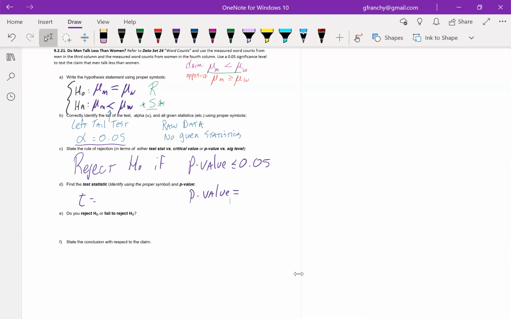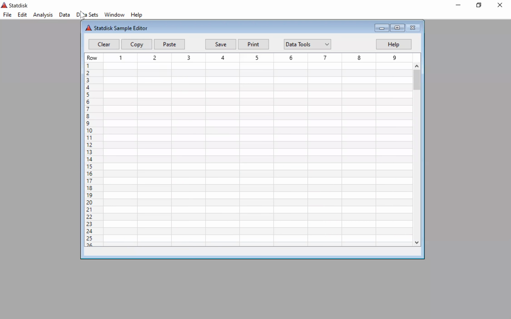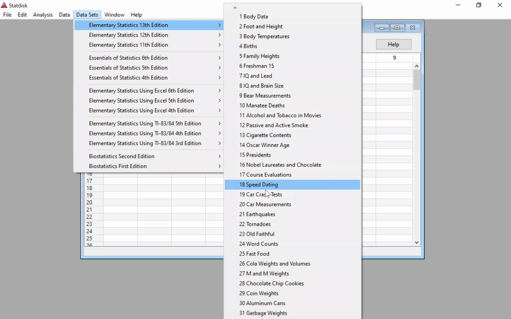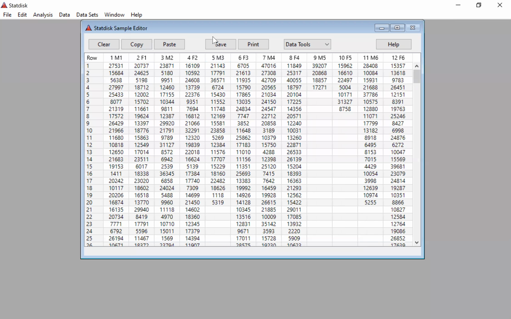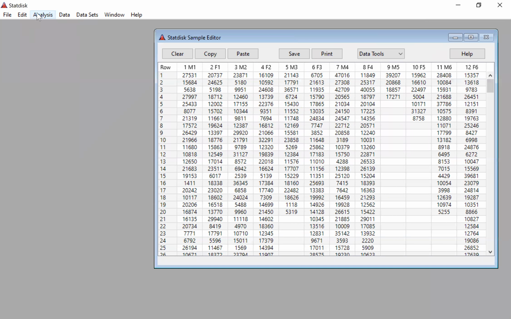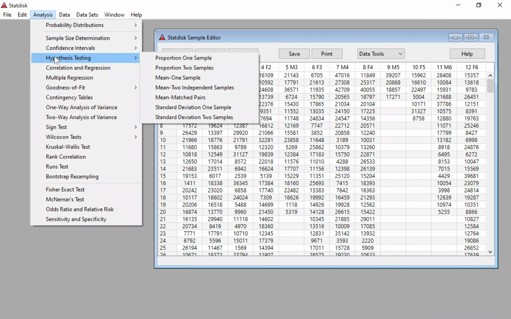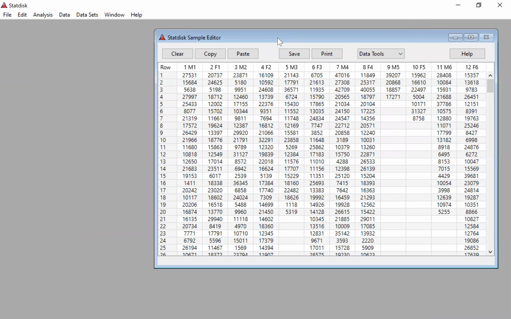Men are in the third column, so that has to be our first sample here. So everything else is going to be consistent. So dataset, 13th edition, 24. Analysis, hypothesis testing. Now here we're working with raw data. So in raw data, maybe it's matched pairs, maybe it's independent samples.